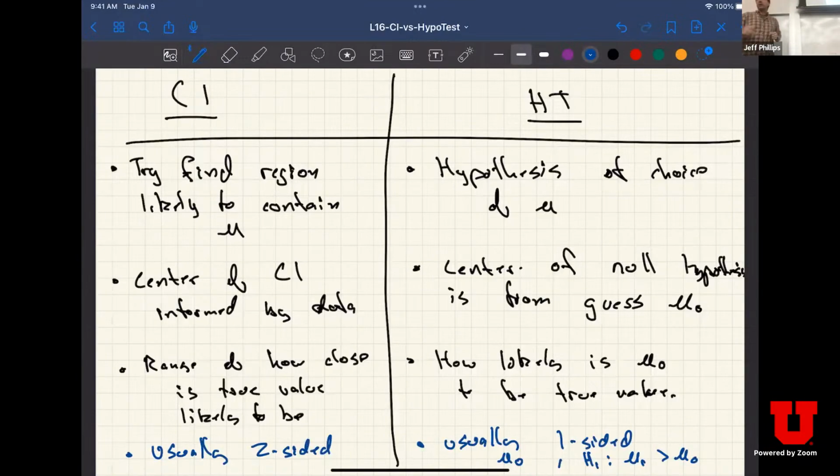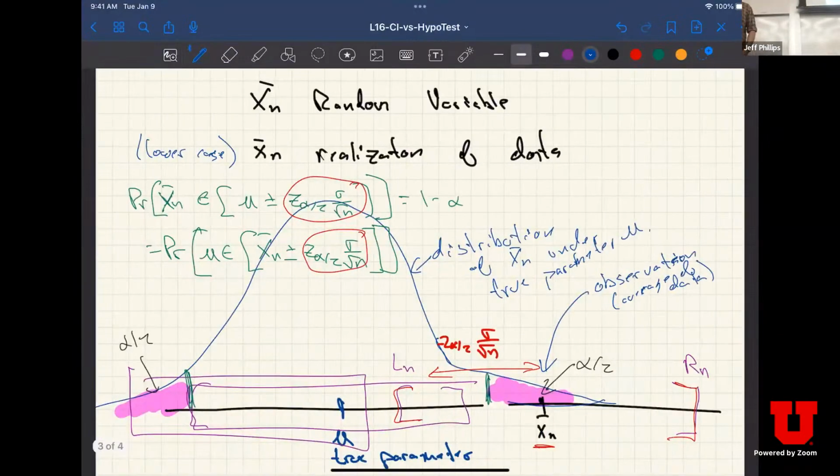So when I'm computing these, there's this Z alpha value, which we have to compute. And for the confidence interval, I often do Z alpha over 2 because I need to put alpha over 2 on either side.